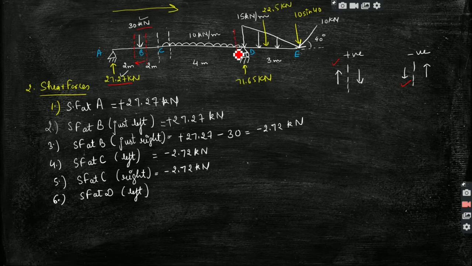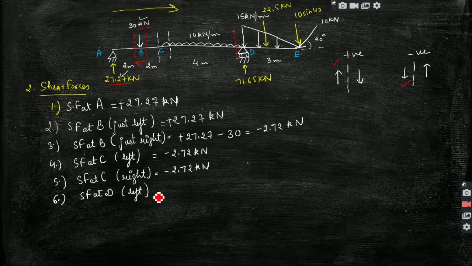Okay, so when I'm taking the section just left of D, comparing this section with the previous point, which is C, up to C we have considered two forces. Now another force is coming into the picture here in the portion CD, which is the downward 10 kilonewton per meter force, which is basically a UDL.